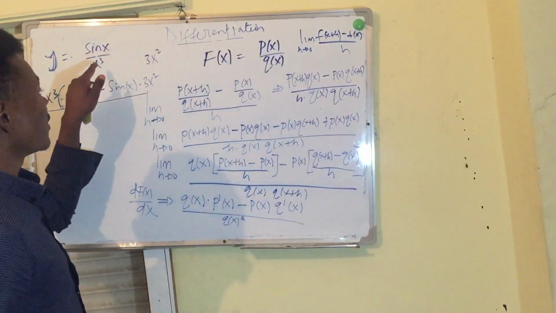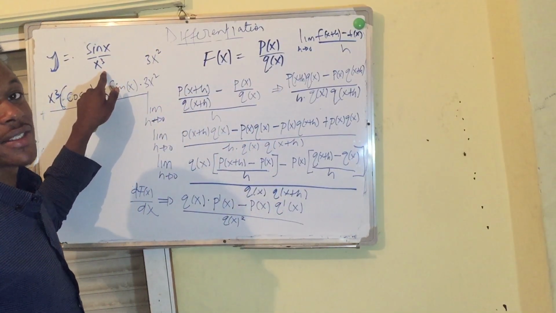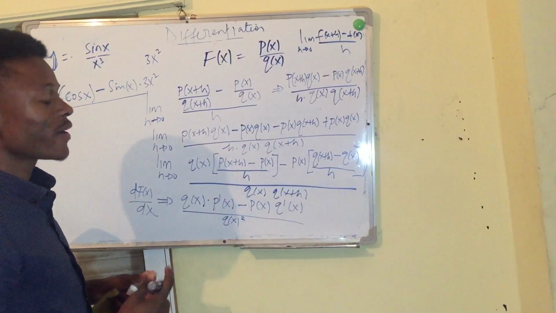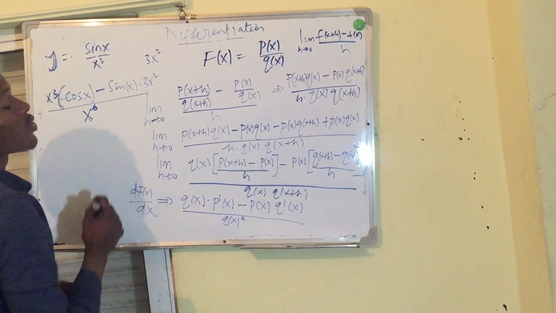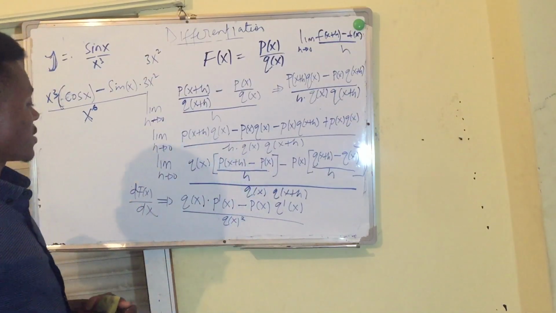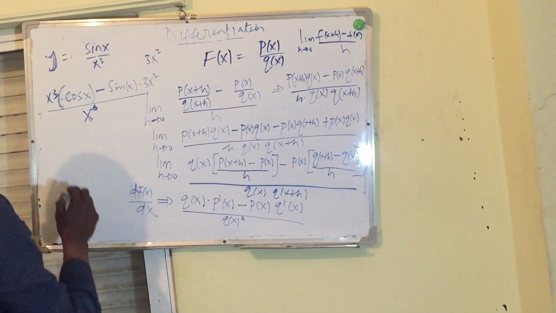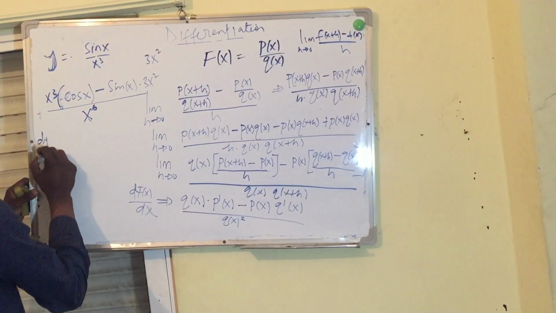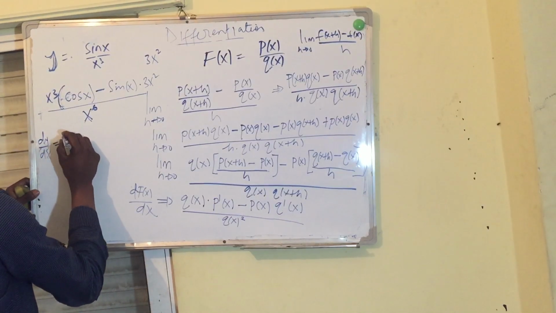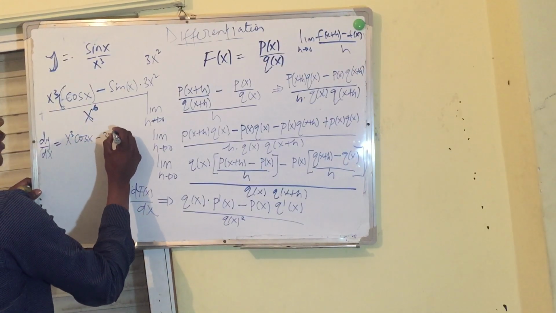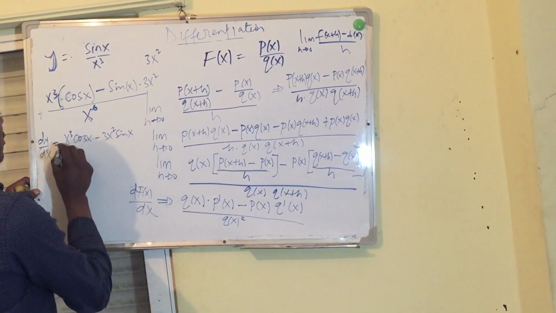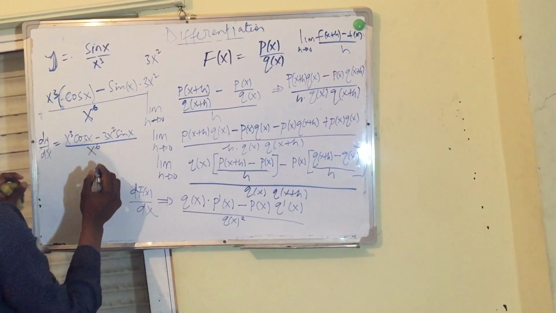Q ita ce ta ƙasa. So nan kuma x cube ita ce ta ƙasa. So x cube square zai kama x to the power of what? X to the power of 6. Yes. So simply dy dx ɗinmu is equals to x cube cos x minus 3x square sine x over x to the power of 6.